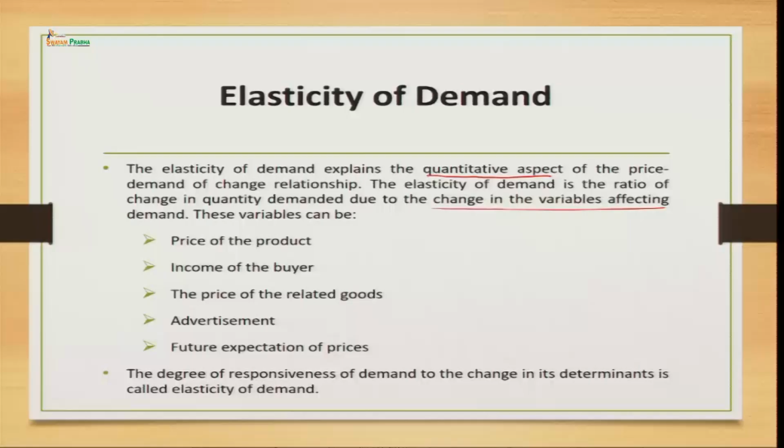So, whatever determinants of demand we have discussed, if the quantity demanded changes because of them, and we are studying one specific factor at a time, that is to be considered as elasticity of demand. So, the degree of responsiveness of demand to the change in its determinant is called elasticity of demand.